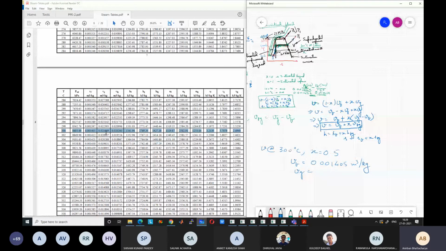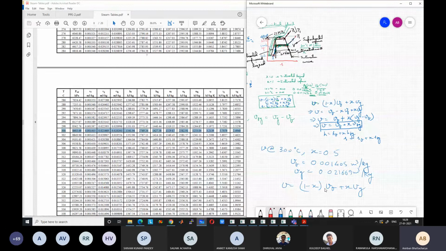So now what will be the specific volume? V is equal to (1 minus x) Vf plus x into Vg. So we know that x is 0.5, so you can replace x and then replace the value of Vf and Vg, and you will be able to get the correct answer. Okay, I'm not doing the calculation, but you should be able to do it.